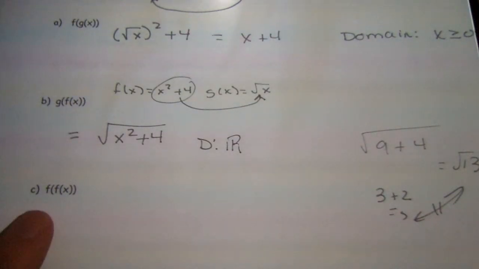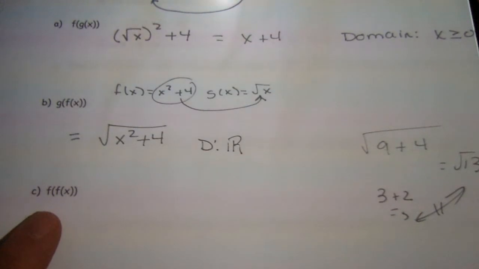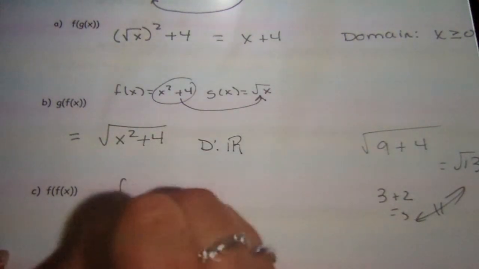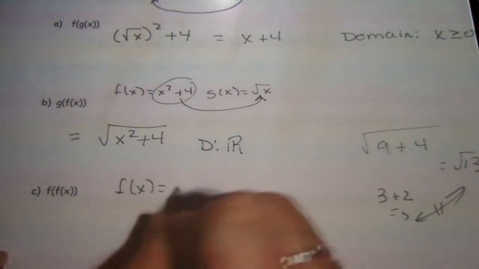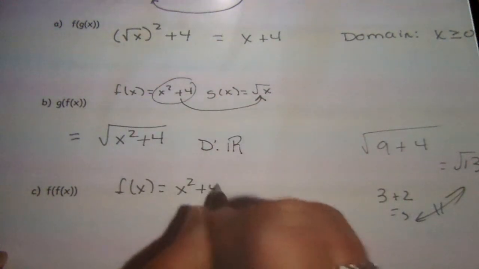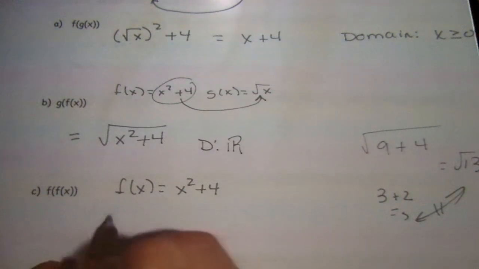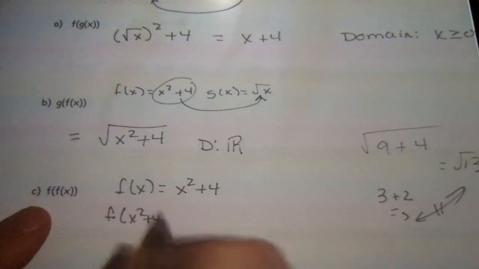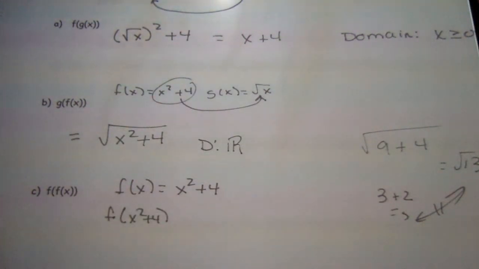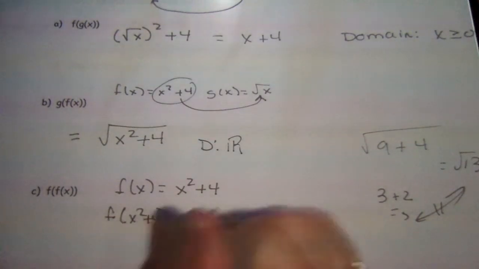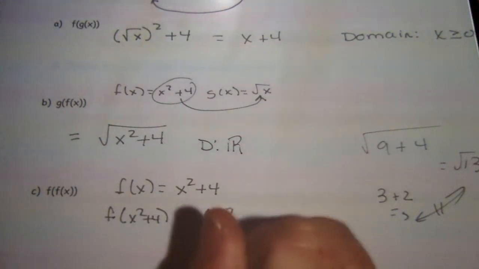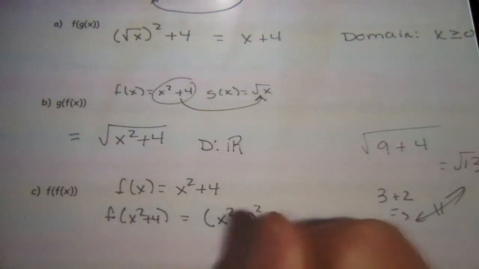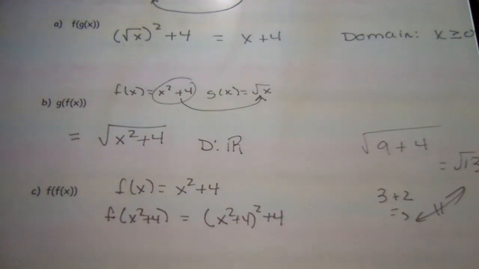What about f of f of x? That means I take f and I plug in x squared plus 4 for the variables, which is going to be x squared plus 4 squared plus 4.